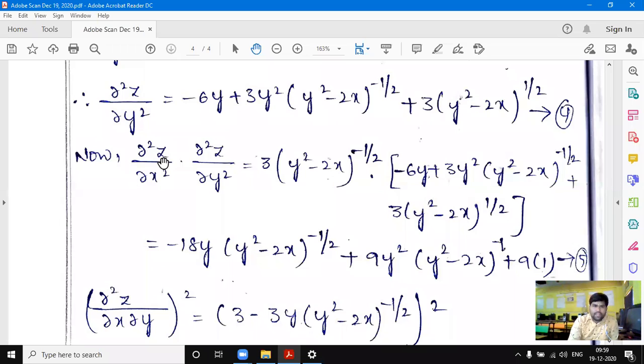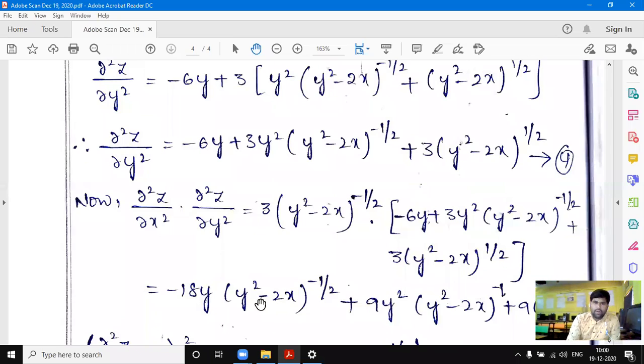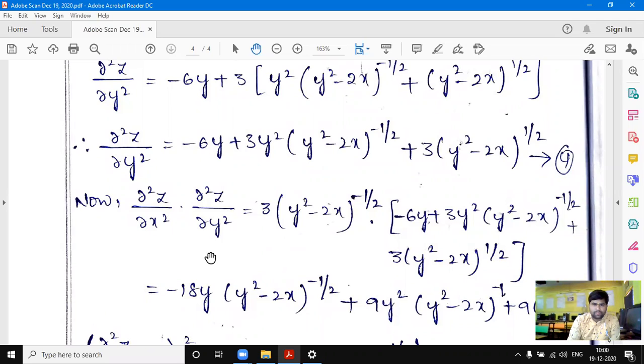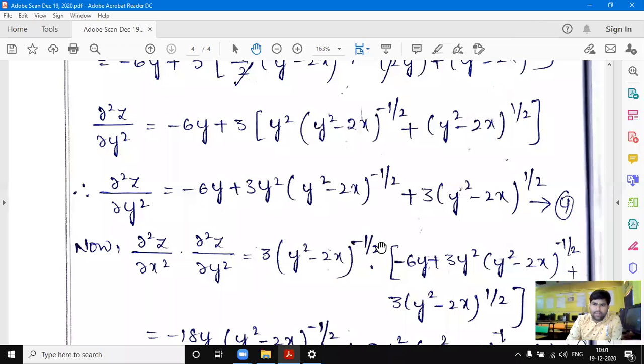Right. ∂²z/∂x² into ∂²z/∂y² is equal to, okay, ∂²z/∂x² is this term. So equation number 3 is this one.